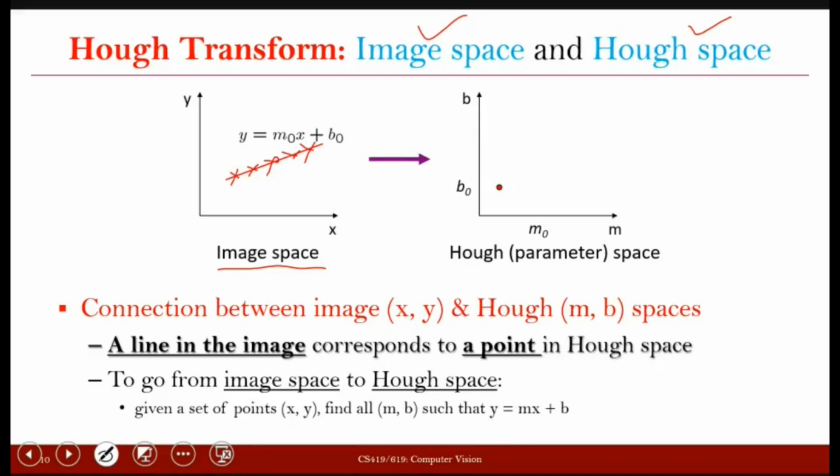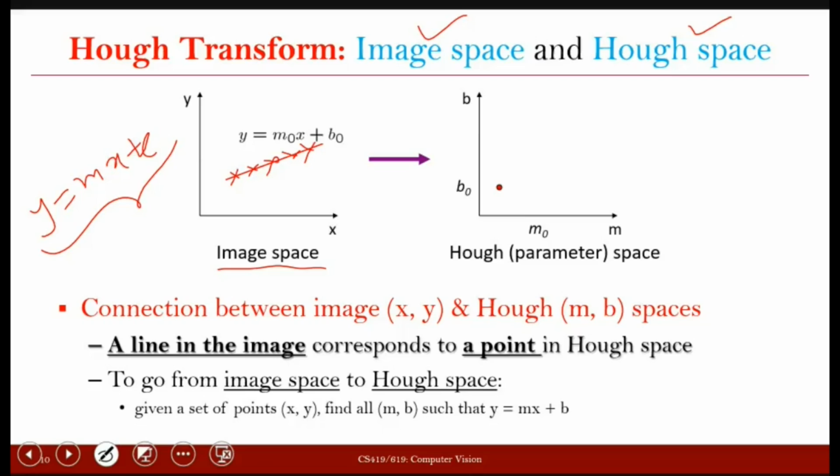If you know that a line y equal to mx plus c passes through these points, then just telling the value of m and c will be enough to define this line. You don't need to tell all the points that are on the line.